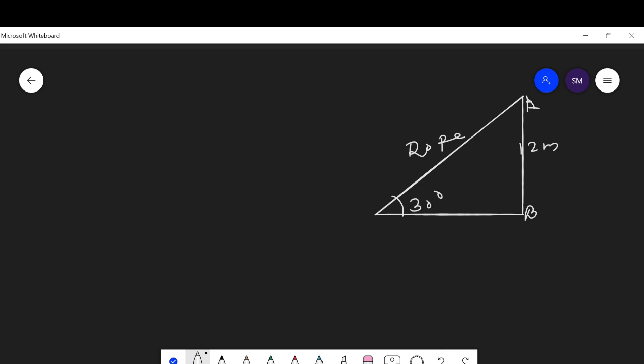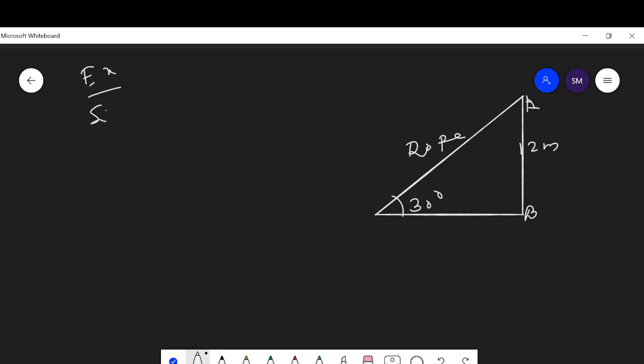We have to find out the length of the rope the circus artist climbs, stretched from the top of the vertical pole and tied to the ground. The height of the pole is 12 meter and the angle of elevation from the ground level is 30 degree. Here we have to find the length of the rope by applying sine theta.